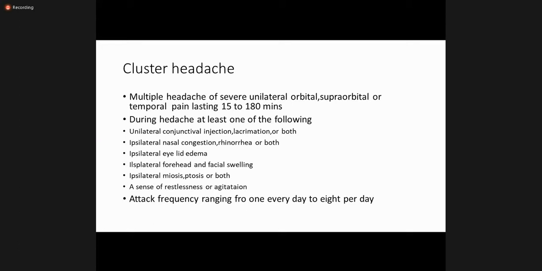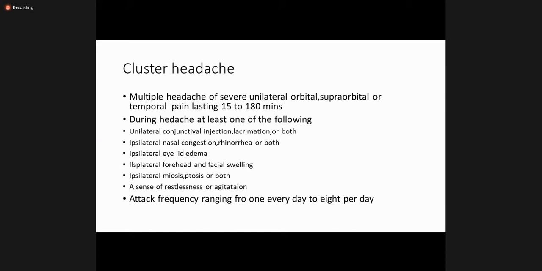The patient might have ipsilateral lid edema, ipsilateral miosis, or both. Ipsilateral facial or forehead swelling, or a sense of restlessness or agitation. So if any of these characteristics is present along with the severe unilateral pain lasting about 15 to 180 minutes, the diagnosis of cluster headache can be made.